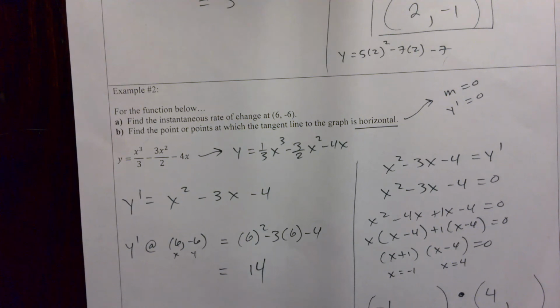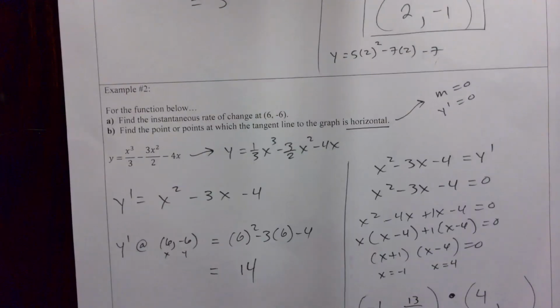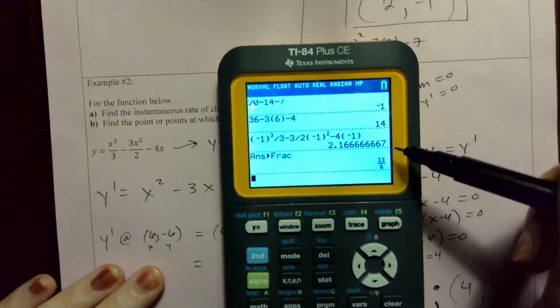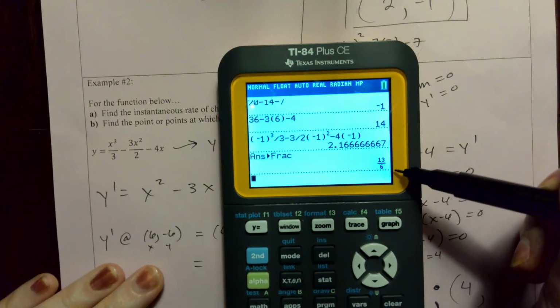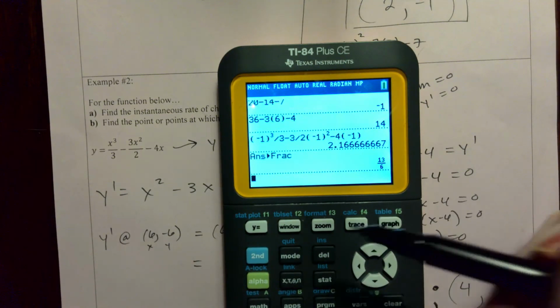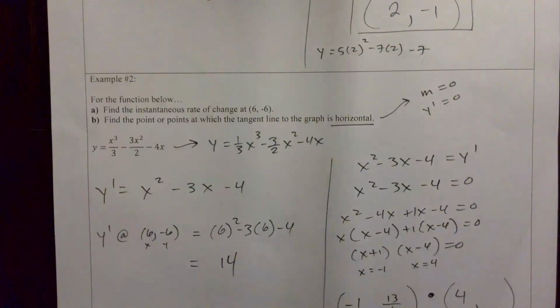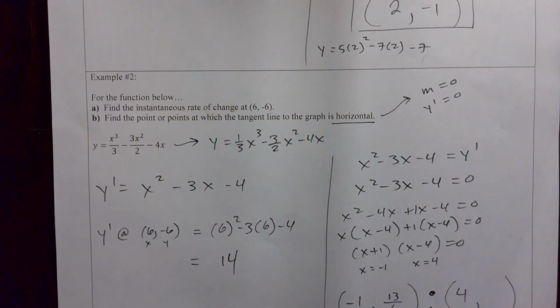I hope I'm right. Okay, and I got 13/6. I got a decimal and then I made it a fraction by doing Math, Enter, I think. Okay, and now I'm going to plug 4 in there.